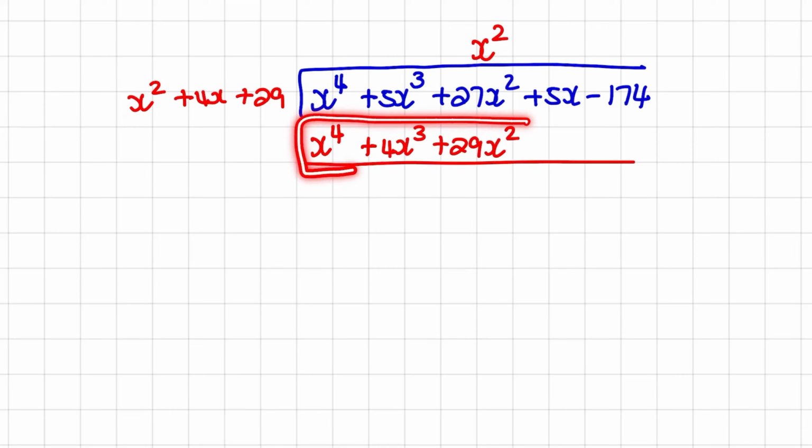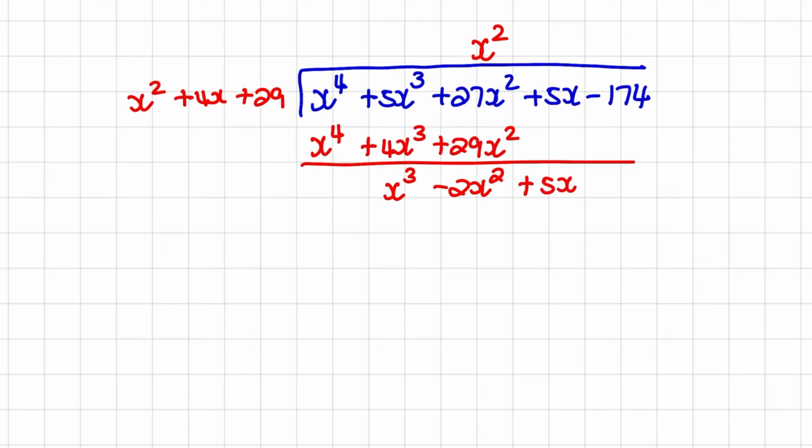Now what we will do is subtract these three terms from our expression. So x⁴ - x⁴ is 0. 5x³ - 4x³ is simply x³. And then 27x² - 29x² is equal to -2x². And we bring down the 5x and the -174. Now we repeat that process.